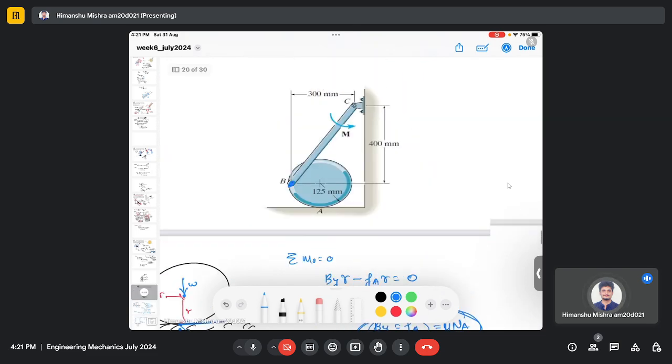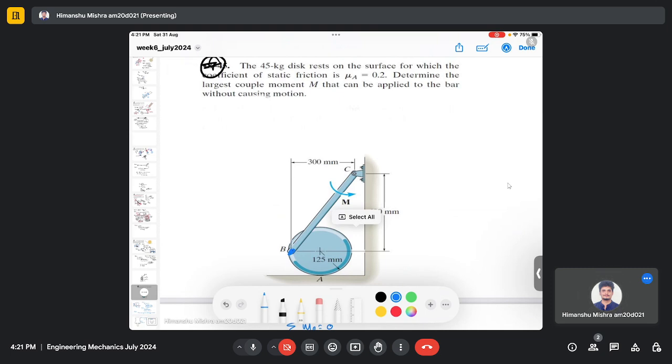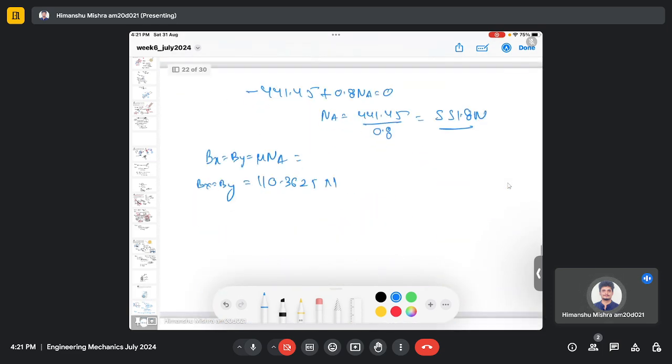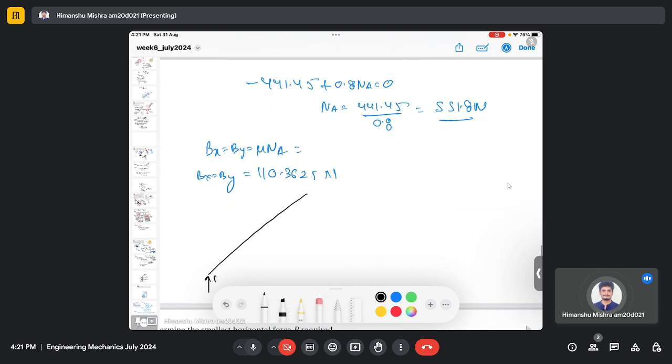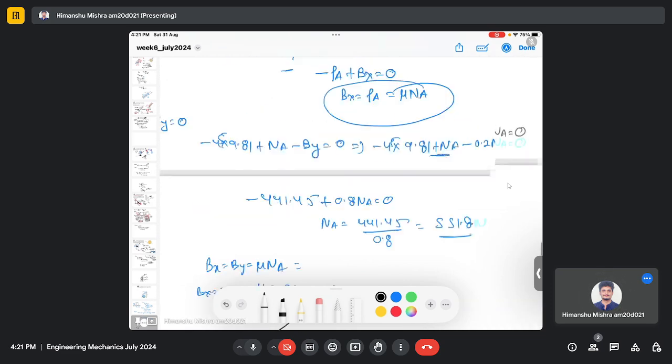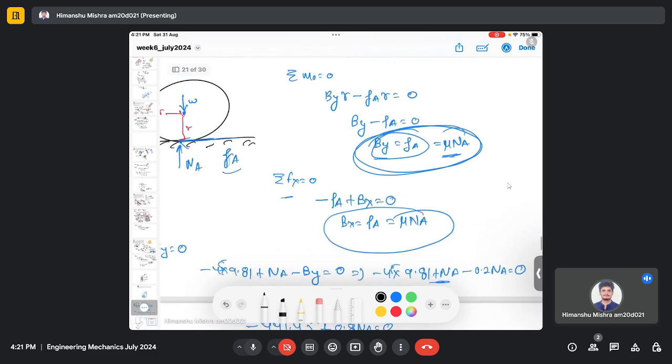But we want to find this moment M. So now what we do is consider this rod separately. We will make a free body diagram. So this is the rod, and these are the reactions Bx and By. Just note the sign. For the disc case, the By was downward.